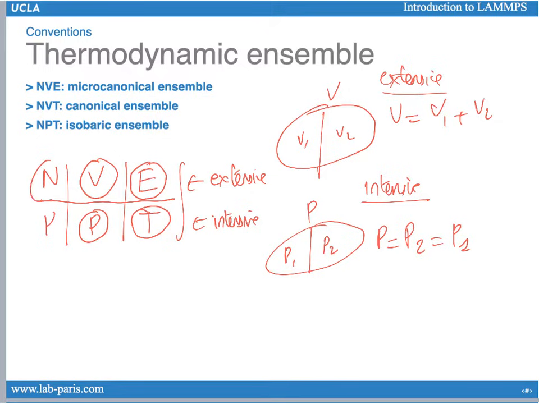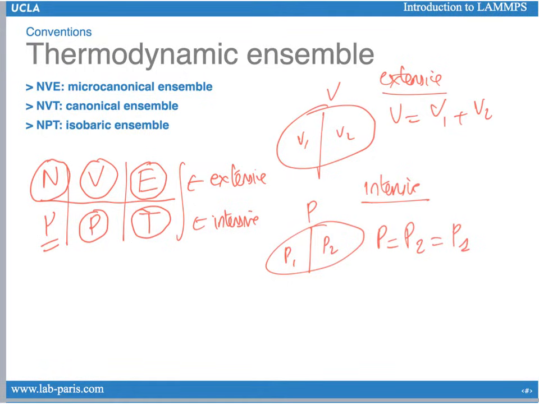Usually, we will always want to keep constant the total number of atoms, but there are some cases where the number of atoms is not constant, and in that case, what will be fixed is the chemical potential, which is the intensive property that corresponds to the extensive property, which is the number of atoms. So whenever you want to perform a molecular dynamics simulation, you need to define what are the thermodynamical quantities that are going to be fixed.